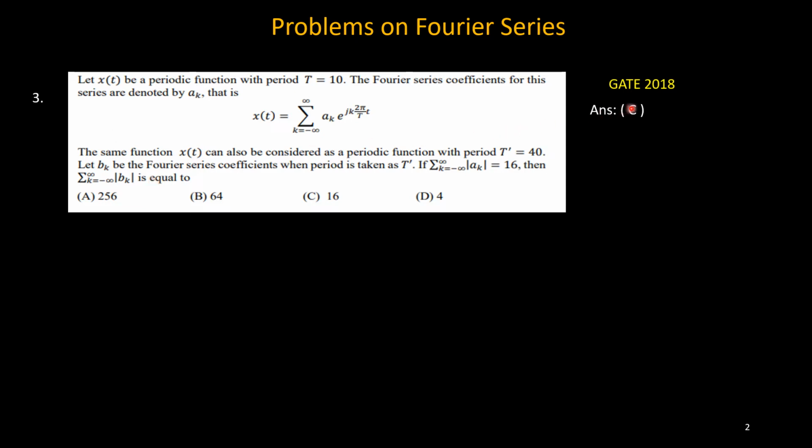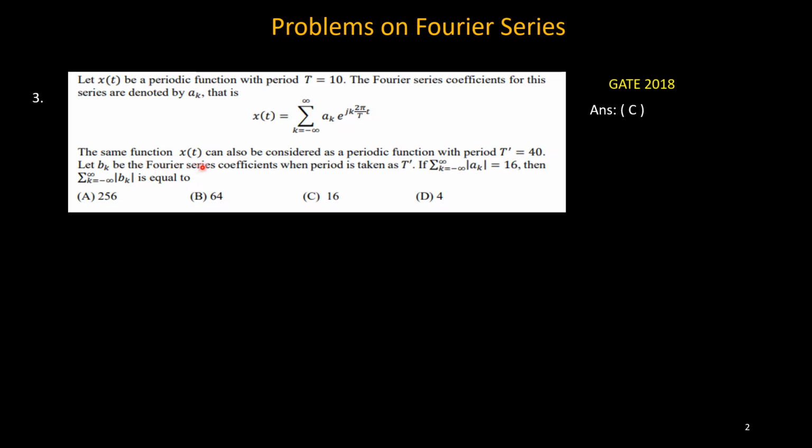This problem is taken from the GATE 2018 paper, and it is said that x(t) is a periodic function with period capital T equals 10, and the Fourier series expansion coefficients for this series are given as a_k. So x(t) equals the summation of a_k e to the power j k 2 pi over capital T times small t.